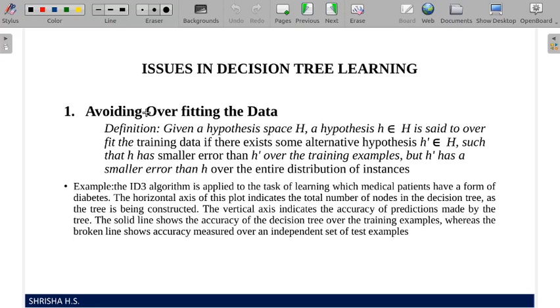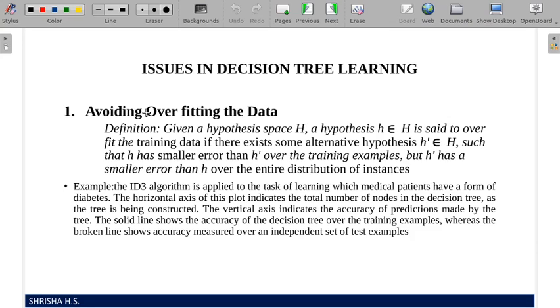Just for the illustration of overfitting of data, we'll assume that we have applied the ID3 algorithm to some medical data set. Whenever the tree grows to a much greater height, it tends to overfit the data.